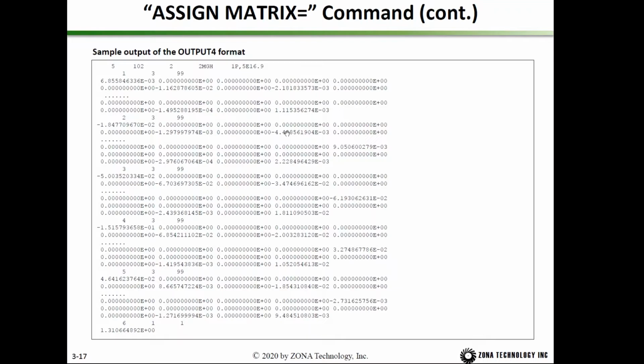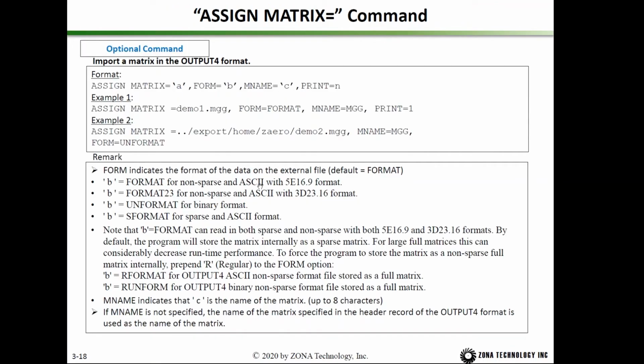And sometimes you want to import a matrix into ZONAIR. This matrix must be written in the output format. Okay, so this is a typical output format of a matrix. So you specify ASSIGN MATRIX equals a file name, and then you have to give a name of the matrix.